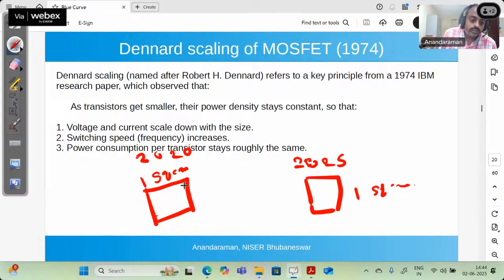In 2020, in this area, 1000 transistors are packed. In 2025, 2000 transistors are packed. Dennard scaling says that as the transistor gets smaller, the power density stays constant. That means the transistors are getting smaller, but the power density is constant. For example, this takes 2 watts of power, and in 2025 this also takes 2 watts of power.